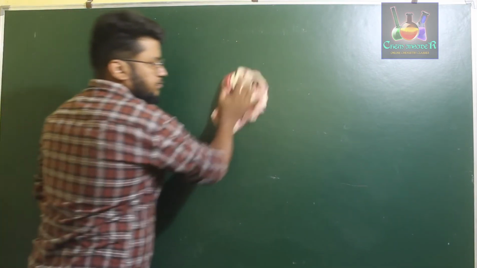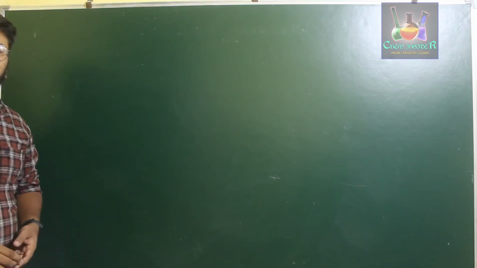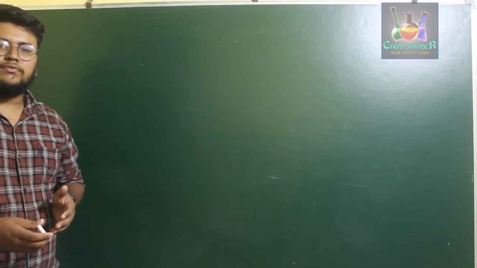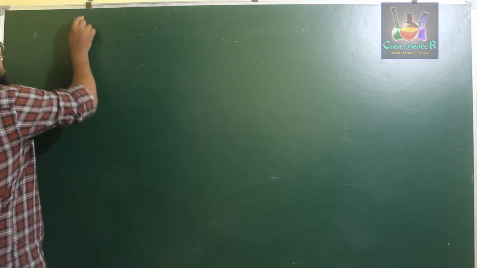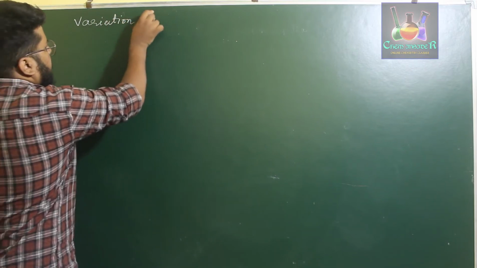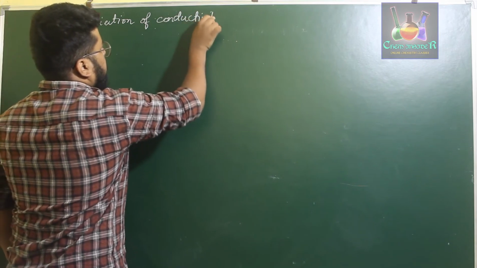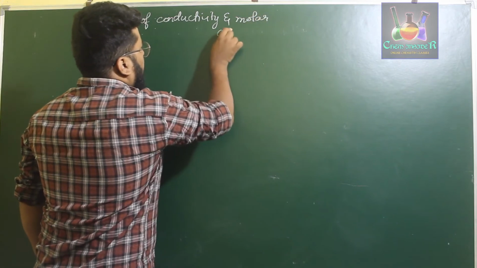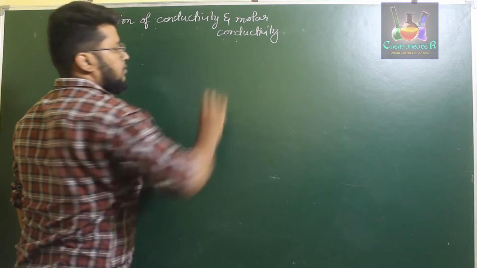That is because we are considering an electrolytic solution, which has ions present in it, and the electrolytic conductance is because of the number of ions present. Therefore, conductivity and molar conductivity both tend to decrease with decrease in concentration.